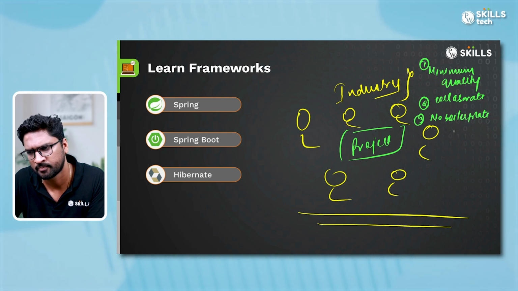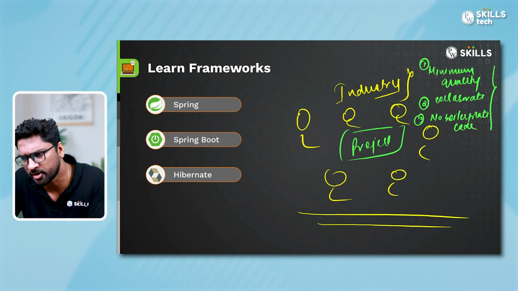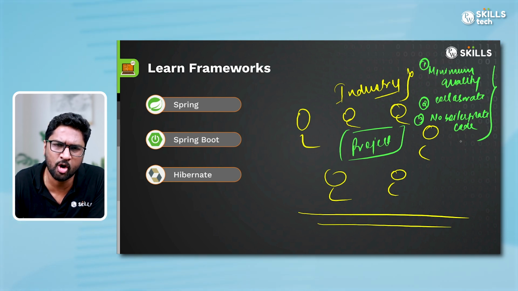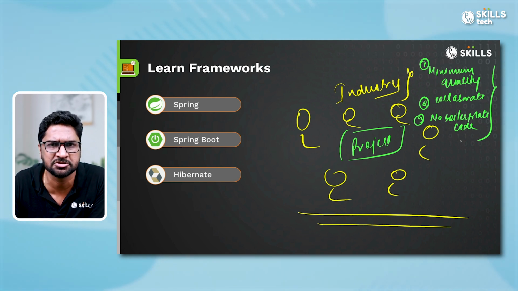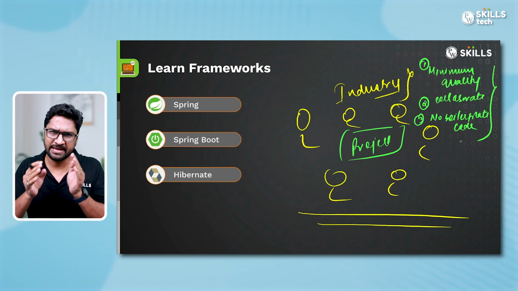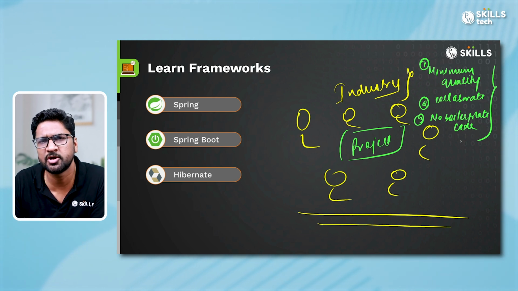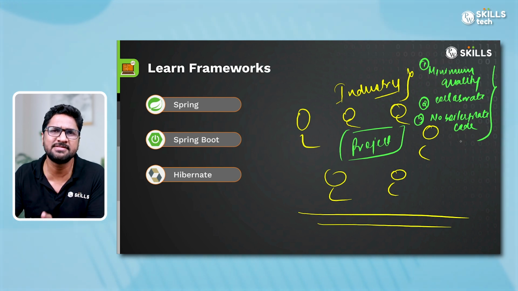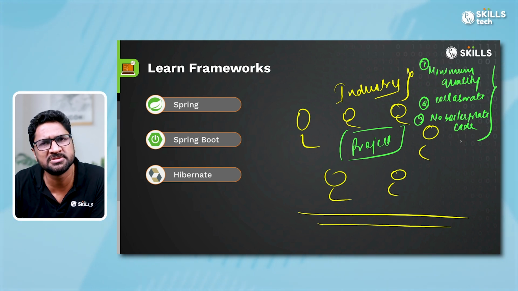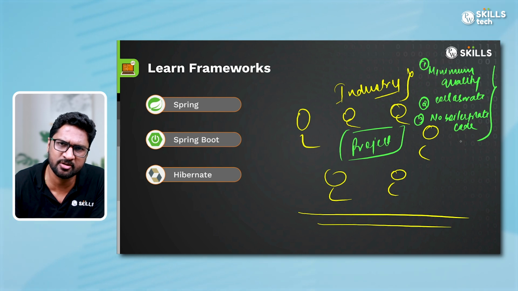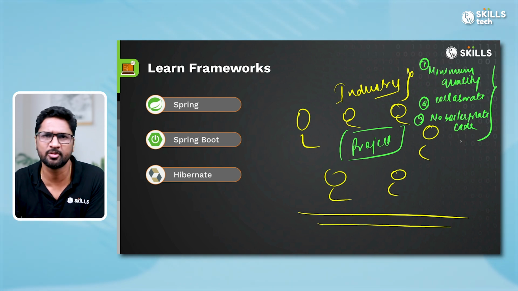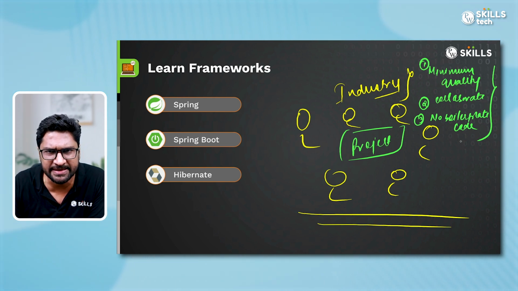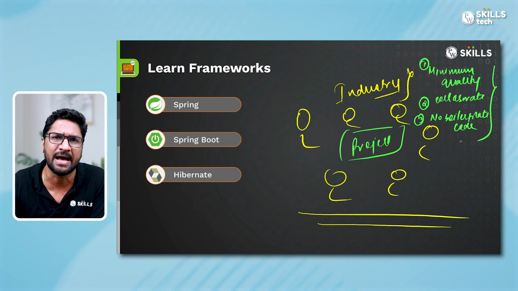In order to achieve all these things, for almost every programming language, when you go and work in industries, you use something called a framework. So a framework basically helps you maintain the minimum standard. It helps you easily collaborate, and it ensures that you don't have to write much of the boilerplate code. All the easy, common things are already available out of the box.